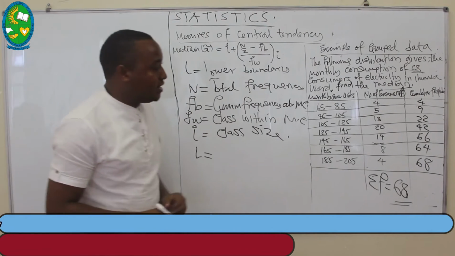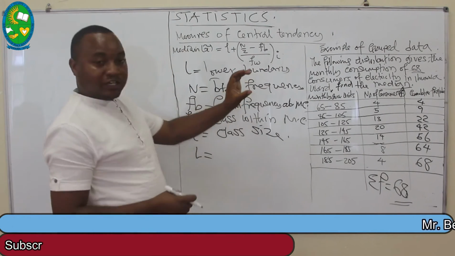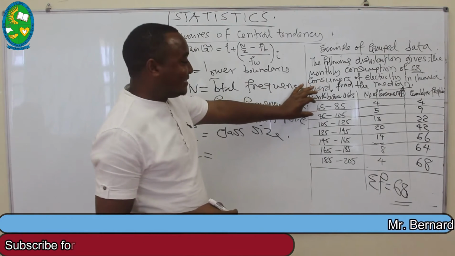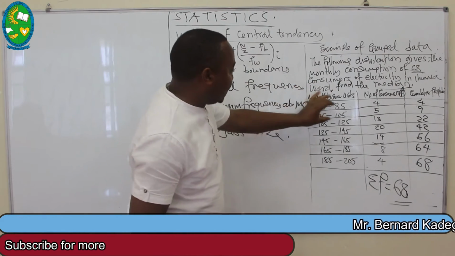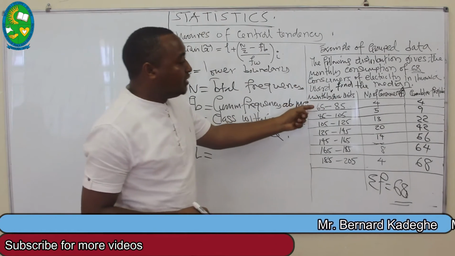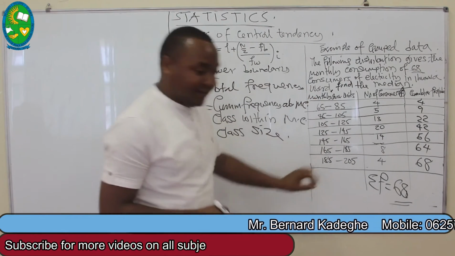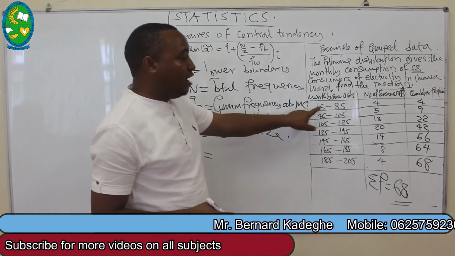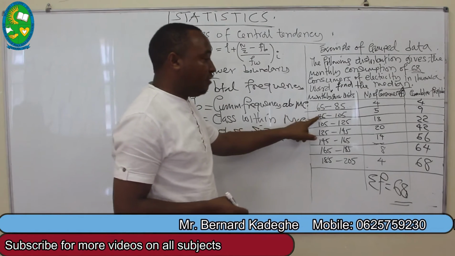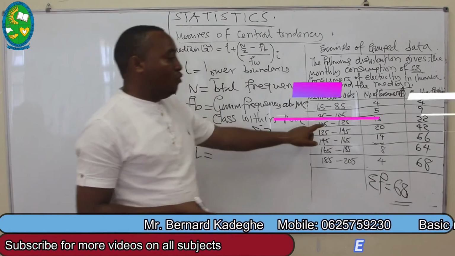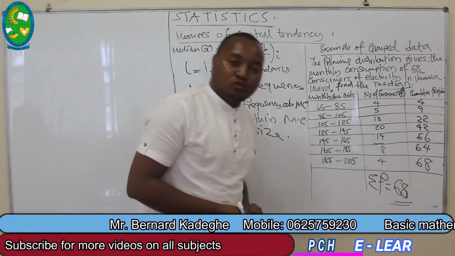Assume this is our median class, and the nature of the data is like this: we have 65 to 85, 85 to 105, 105 to 125.